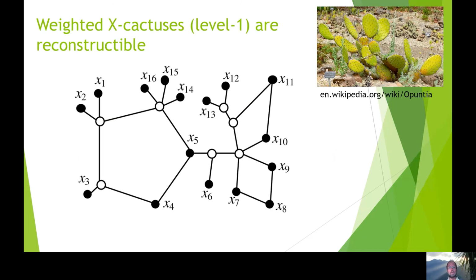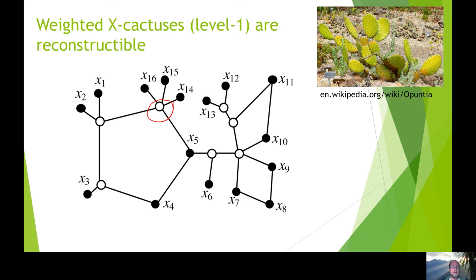And the interesting answer, at least, is if you have weighted level 1 networks, then you can actually reconstruct them from their distance matrices. So this little piece of work was done with Yuki, Momoko and Kati, and we were able to show that you can even generalize the idea of a level 1 network to what's called an X-cactus, where you now allow not only that the leaves are labeled, but you can have higher degree vertices.